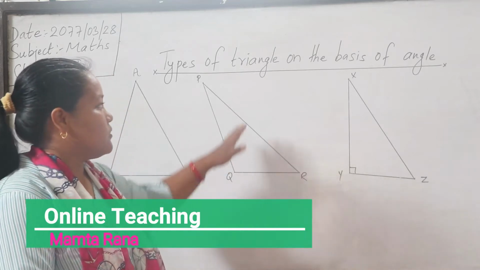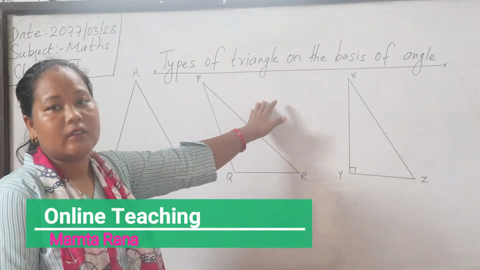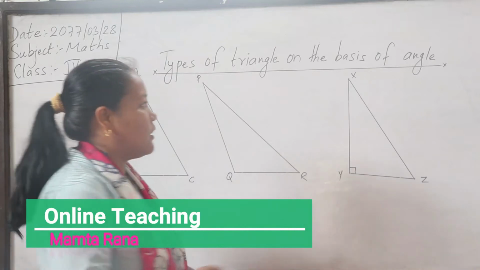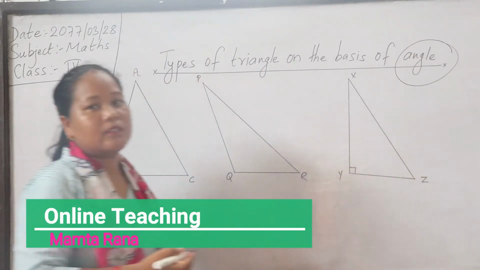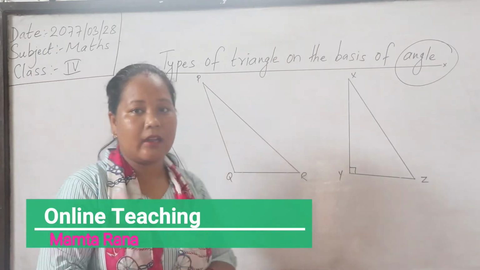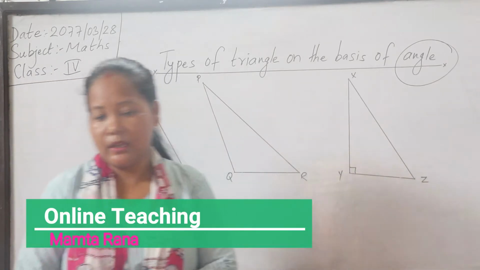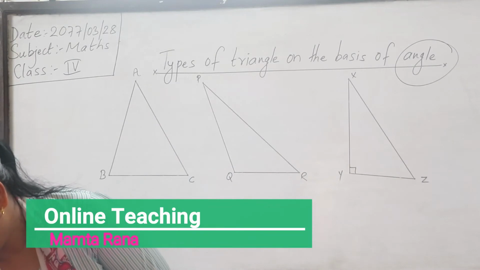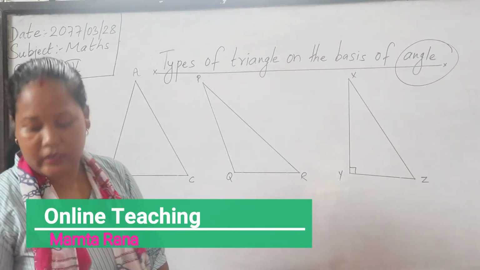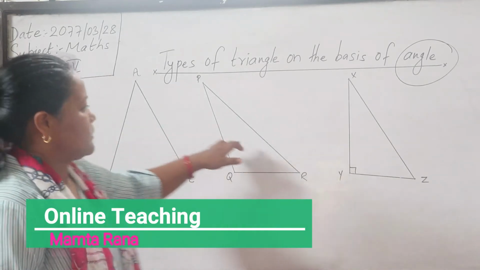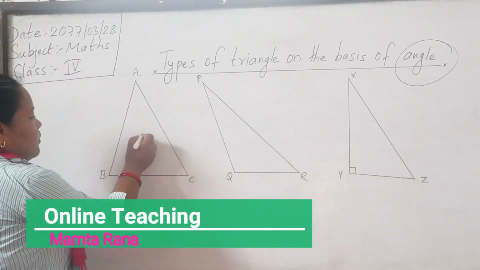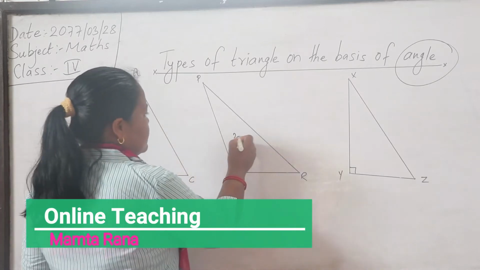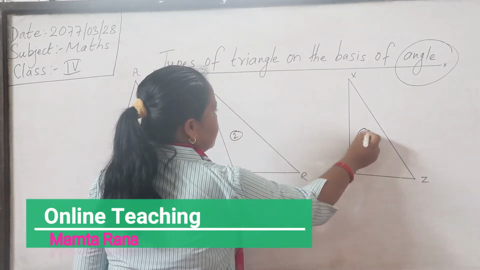Okay, and today we are going to read the types of triangles on the basis of angles. Today we see the angles of a triangle and we will classify its types. I have drawn here 3 triangles: first, second and third triangle.